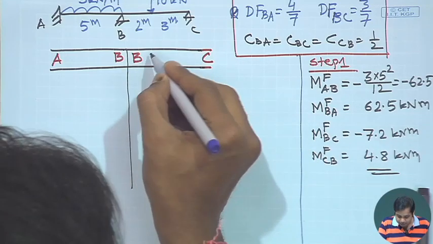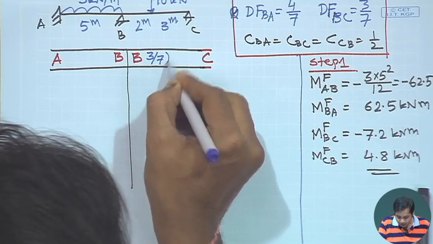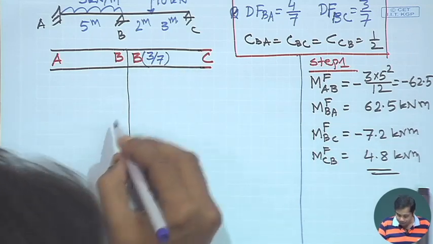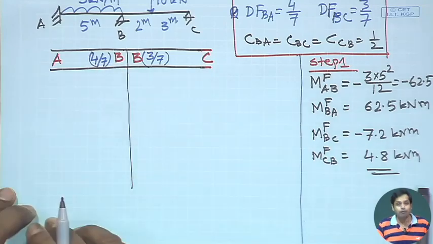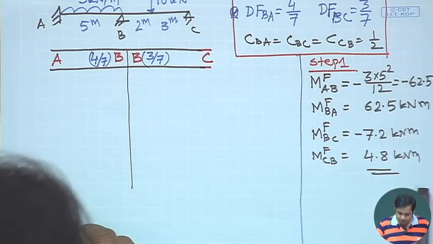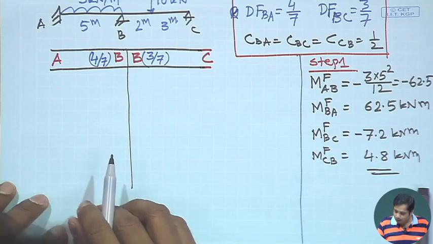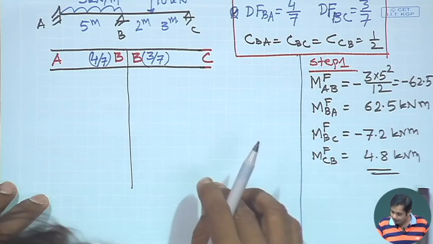The distribution factor for BC is 3 by 7, as we have seen, and for BA it is 4 by 7.